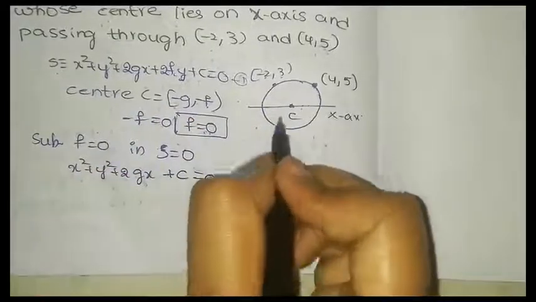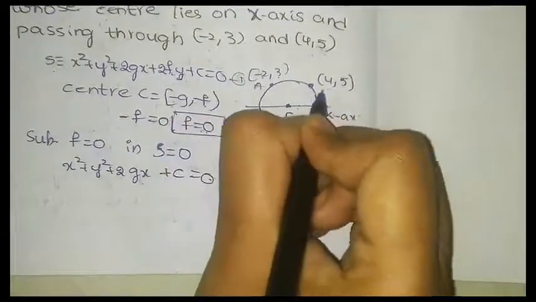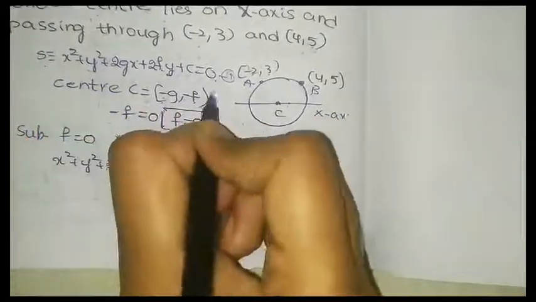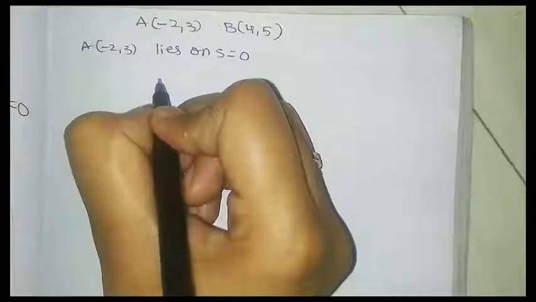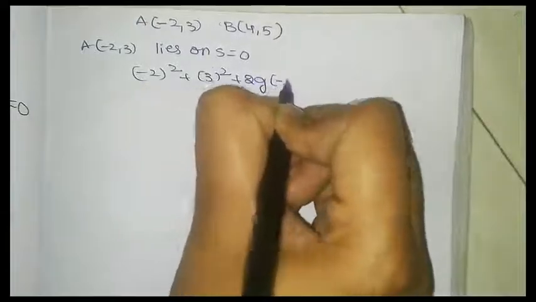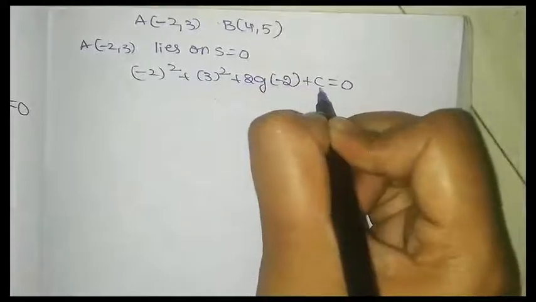But they also gave that the circle is passing through the points. Let it be A and let it be B. Now substitute A and B in S equal to 0, then we will get two equations. Minus 2 square plus 3 square plus 2g into minus 2 plus c is equal to 0, because f is equal to 0.